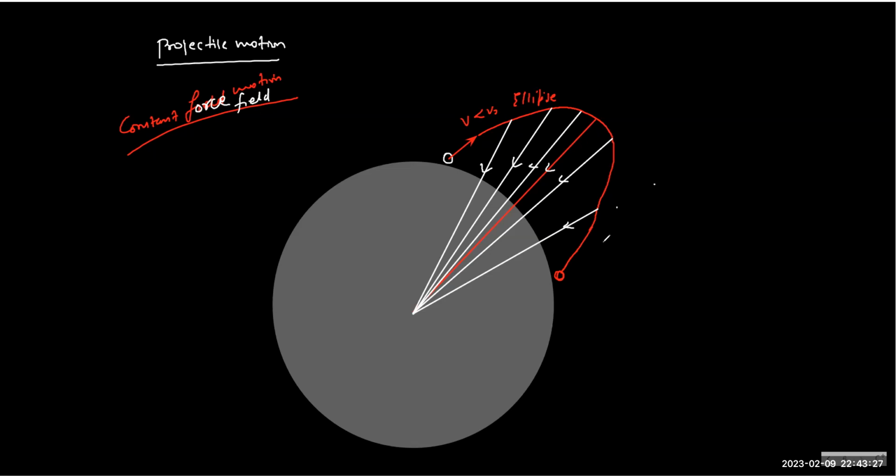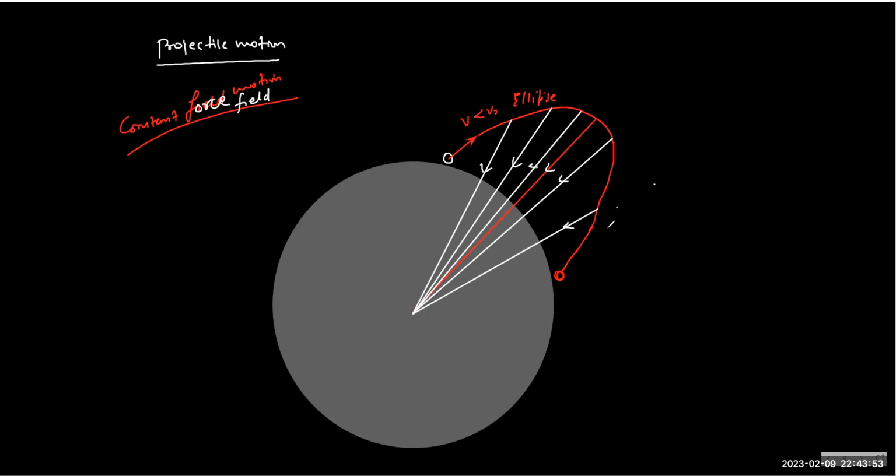I'm going to discuss a motion where the force is constant in magnitude as well as in direction. Every motion of that category can be called a projectile motion. And what is the criterion? The criterion is simple. The initial velocity should not be parallel to the constant force field direction.